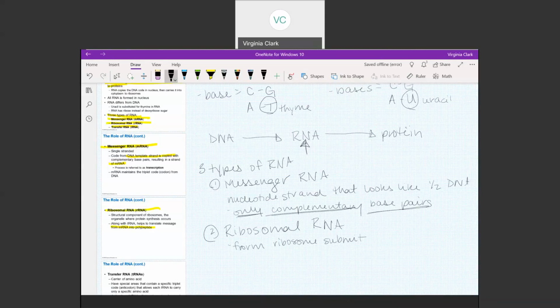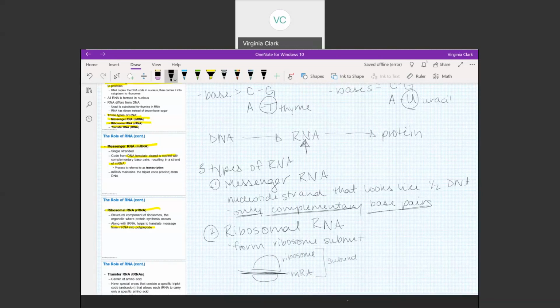This is going to be my ribosome. It's going to take the mRNA strand right in the middle of it. This together is my subunit.